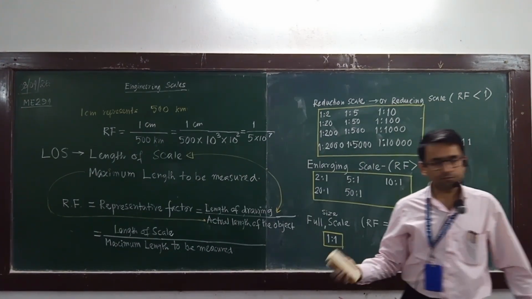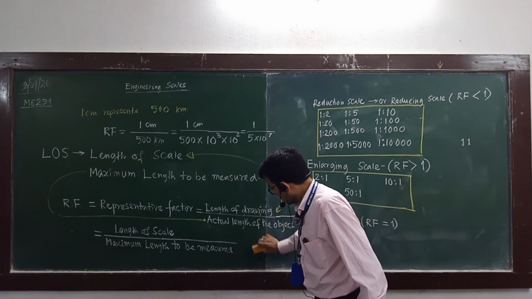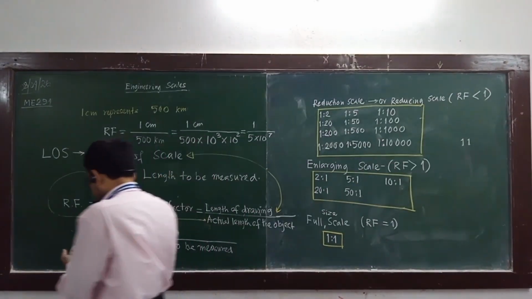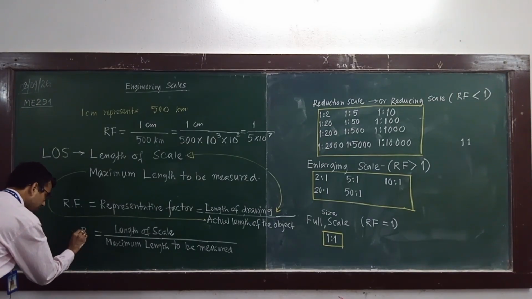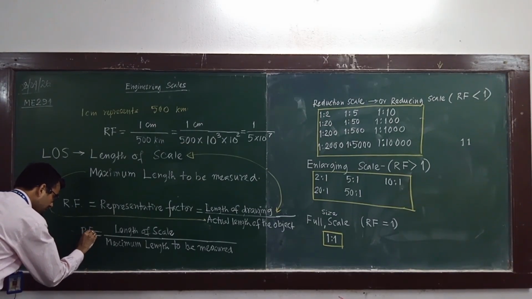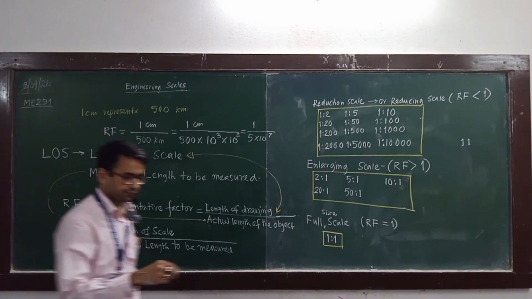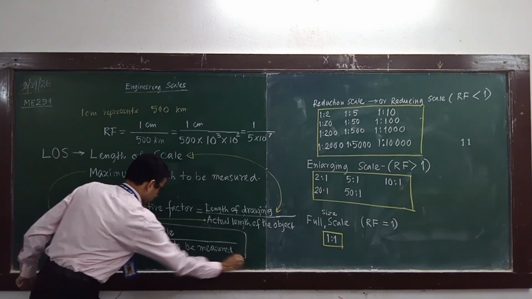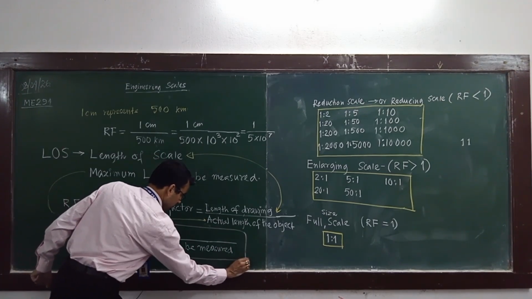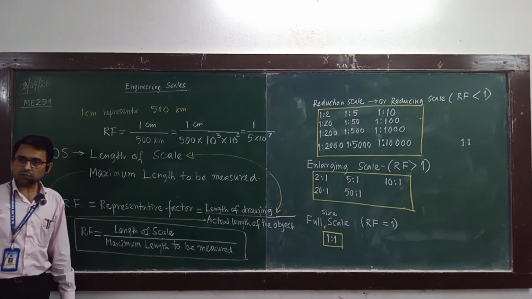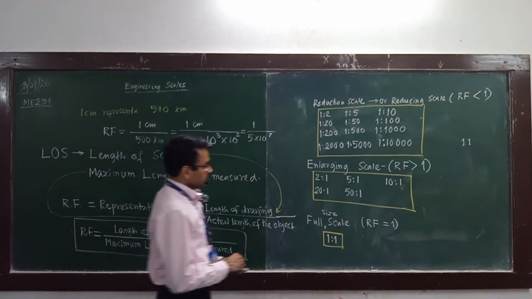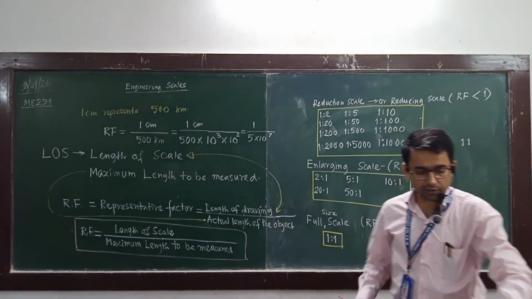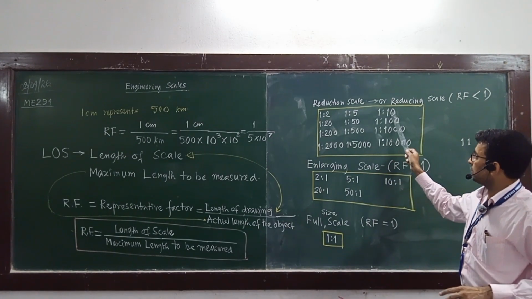Is the concept clear? Everyone, is it clear? Because you will use these things in the problem. So RF is equal to this. Clear?